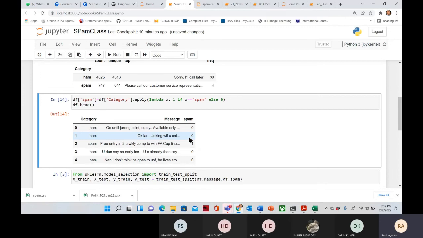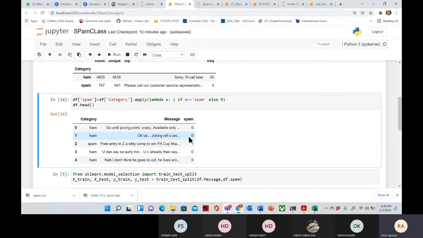It is not fixed how much percentage will be training and how much testing. Generally there is a method called cross validation. It will take 20% training, then 40%, then 60%, then 80% training, and then we check which one is giving the best results. Here we are not specifying any percentage.